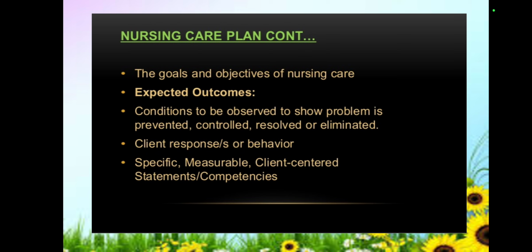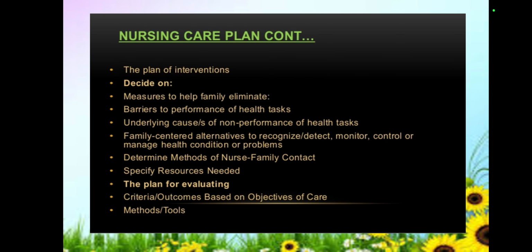So, expected outcomes, conditions to be observed to show problem is prevented, controlled, resolved, or eliminated. The client responses or behavior, and the specific measurable client-centered statements and competency. So, those are the different goals of our nursing care plan.